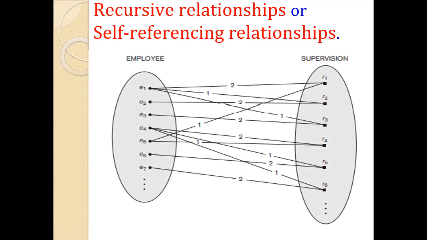Such relationships are referred to as self-referencing relationships. For example, if you consider your class, a student may be the class representative of the class. So one student will be monitoring other students in the same class. That is the same relationship between a student of one class and a student of the same class. That is referred to as recursion.